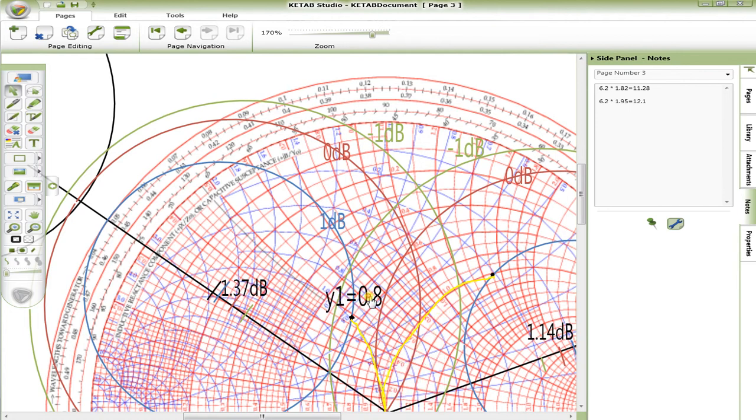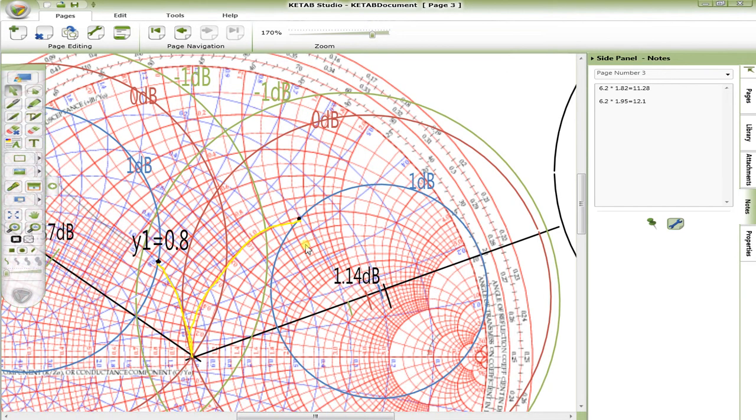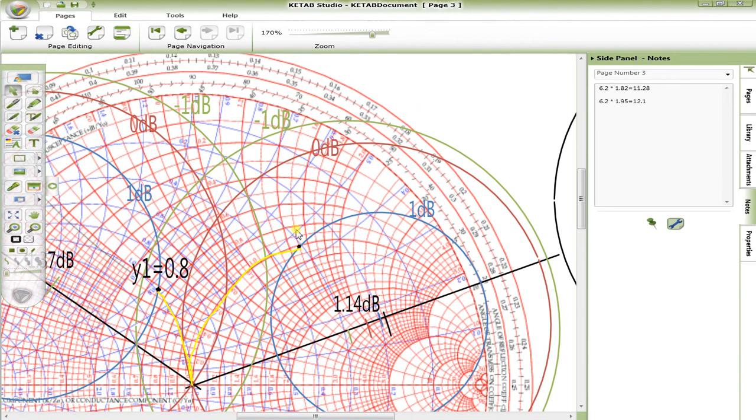And we're gonna go to the other point, which is at the output. If we look for this at the red part of the Smith chart, we find that it's 1.5.